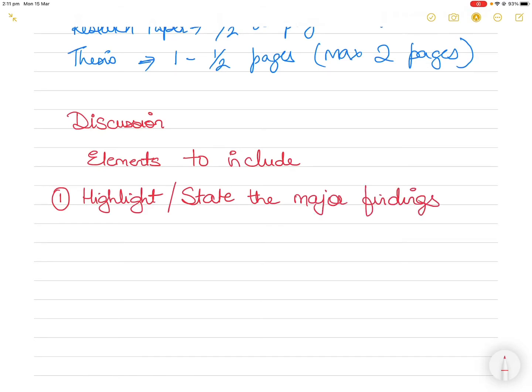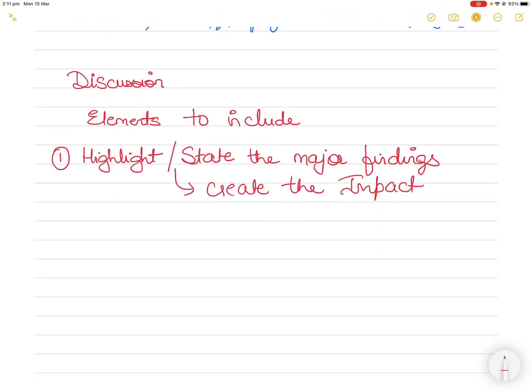You will highlight, you will create the impact. This is the section where you create that impact of your research. So it should begin with a statement of the major findings of the study, and it should be the first paragraph in the discussion. It should be a direct, declarative, and succinct proclamation of your study results.